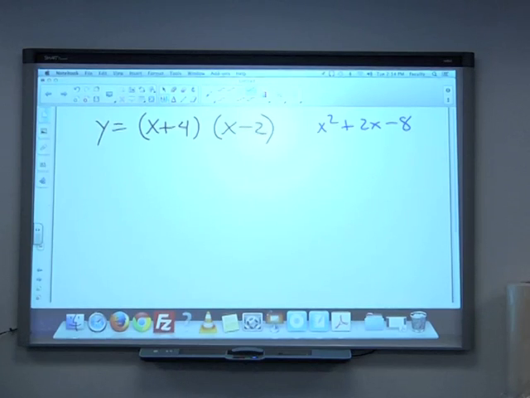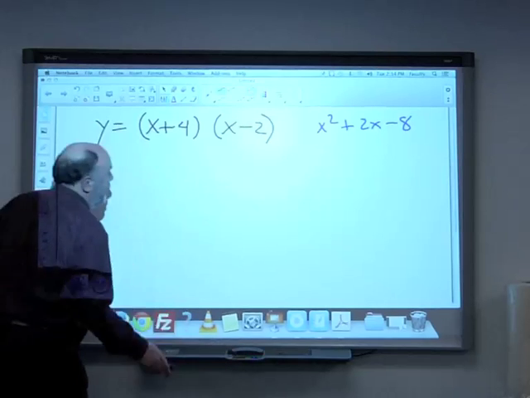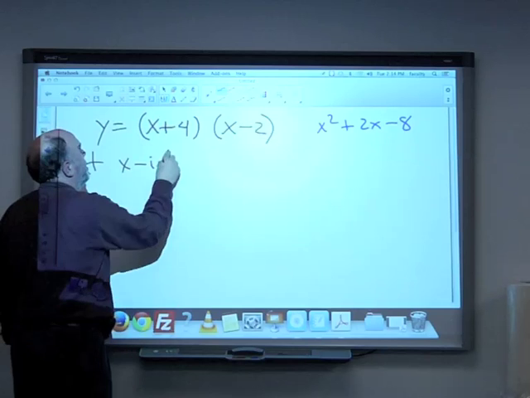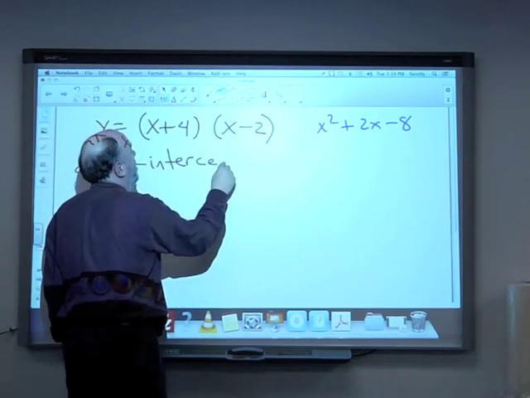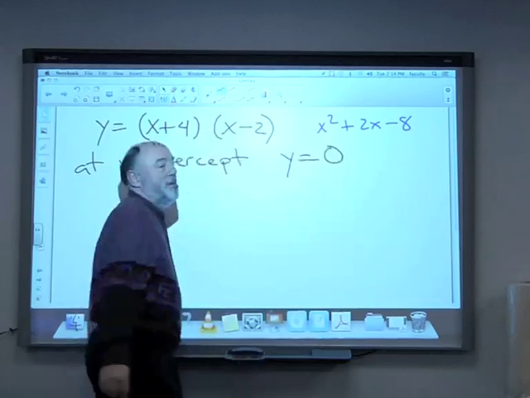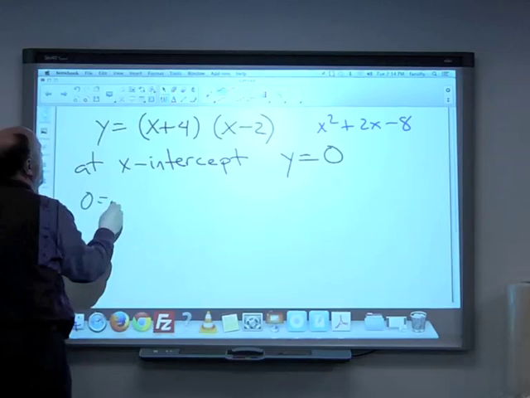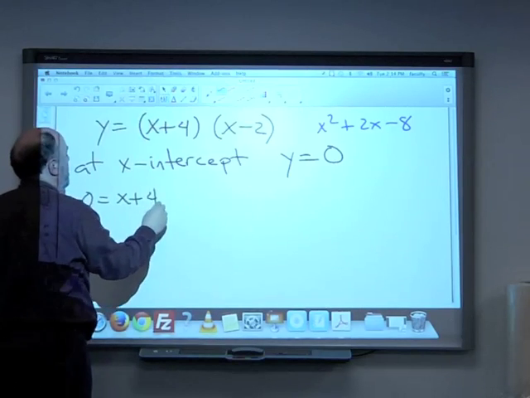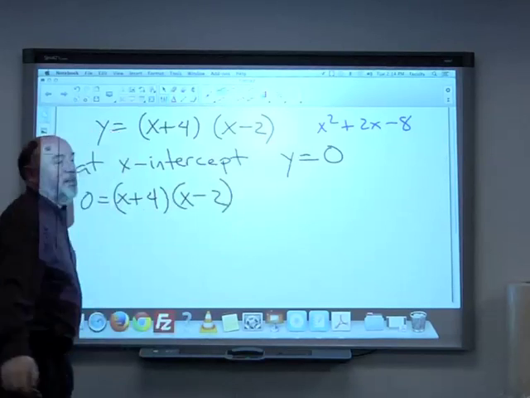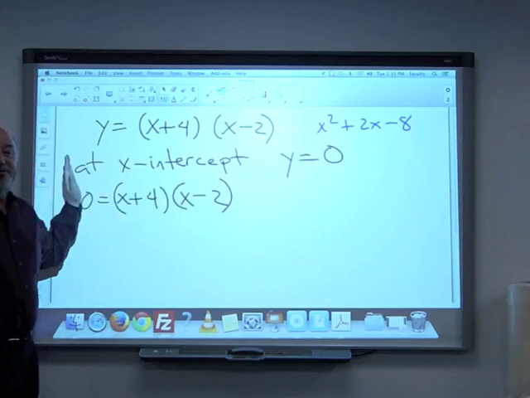So at the x-intercept, y will equal 0. So we have 0 equals x plus 4 times x minus 2. That says this times this gives you 0.